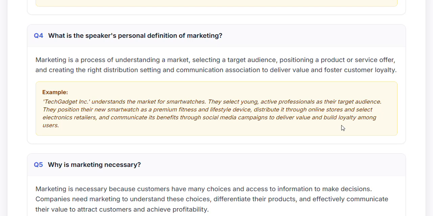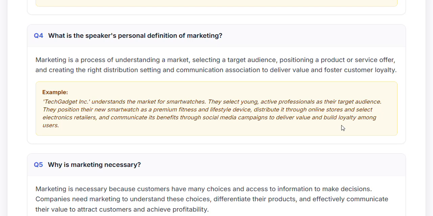So to make sure you understand this, here is an example. A company gets it and understands the market for smartwatches. It selects young, active professionals as the target audience.